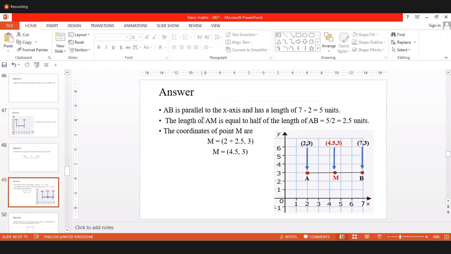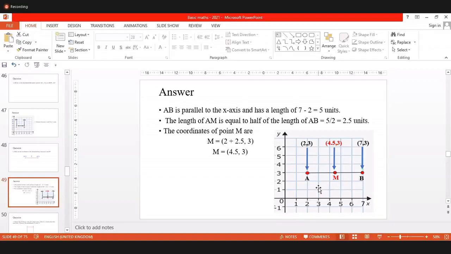Yes or no? The length of AM is equal to half of the length of AB. Yes or no? So if you consider this AM, that is equal to the half of the AB. Yes or no?